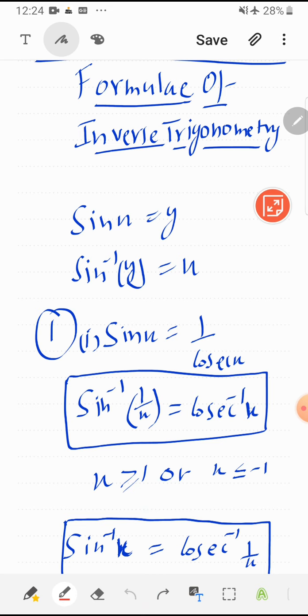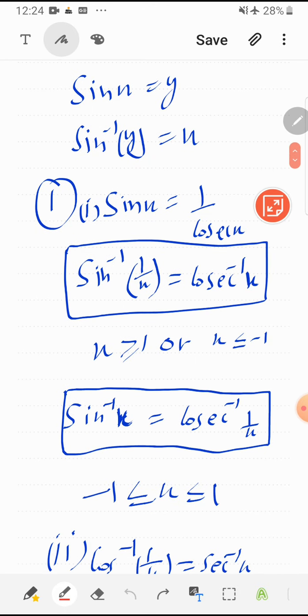It's obvious, I am putting x as the value for cosecant inverse, so it should follow the range of cosecant inverse, which is x greater than or equal to 1 or x less than or equal to -1. If I write this formula as sine inverse x is equal to cosecant inverse 1 by x, then x lies in sine inverse, so it should follow the range of sine inverse. So remember this.